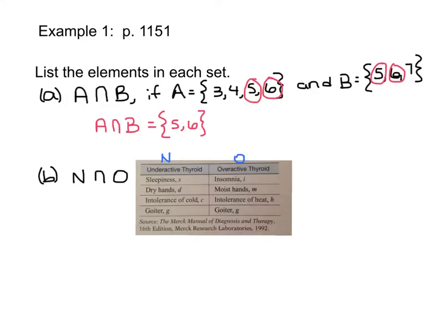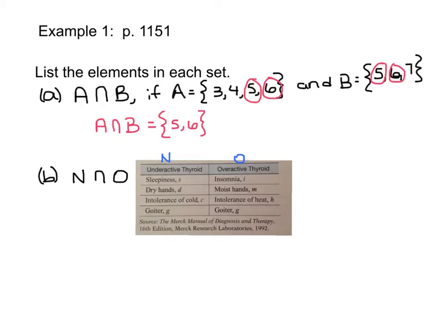Example B is asking us for the intersection of N and O. So N and O, this table comes from the top of page 1151, the very first thing on section 16.2. And the paragraph under tells us that N is going to represent the underactive thyroid and O represents the overactive thyroid. So these are my values in each, and we're looking for the intersection.